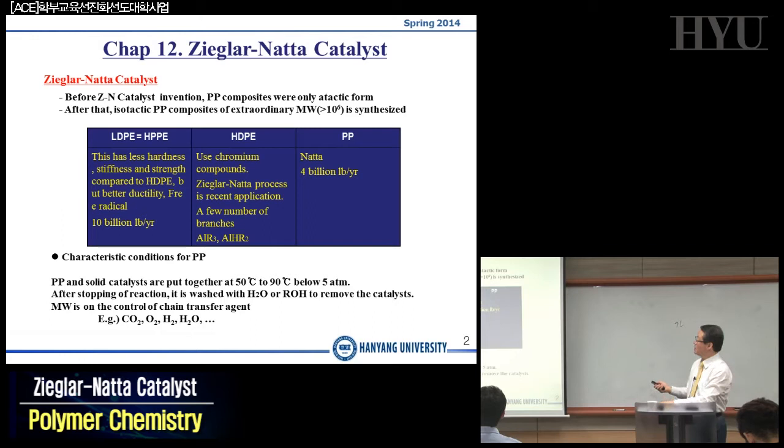So the tacticity could be controlled by using the Natta catalyst systems. We will talk about the importance of this development of Ziegler and Natta.